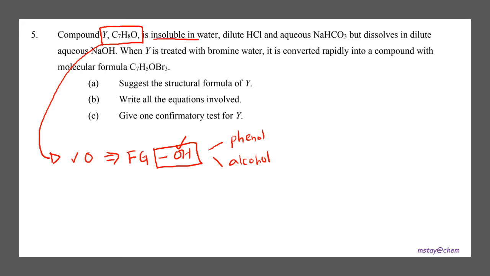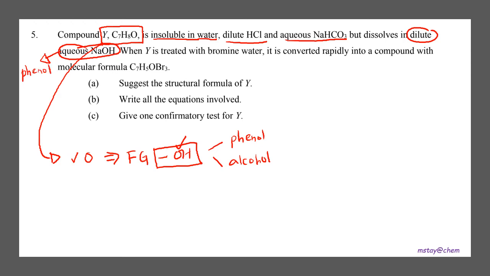Insoluble in water, insoluble in dilute HCl, and also insoluble in NaHCO3. So far we didn't learn about this, so maybe we can ignore this information first. They say it will dissolve in dilute aqueous NaOH, so this is the reaction that will be carried out by phenol.